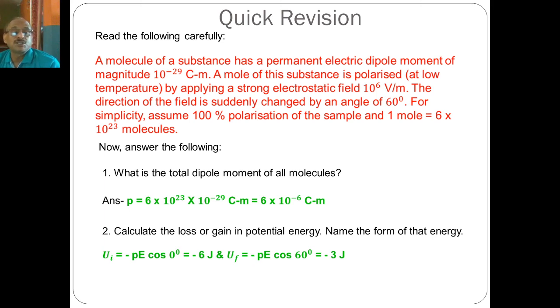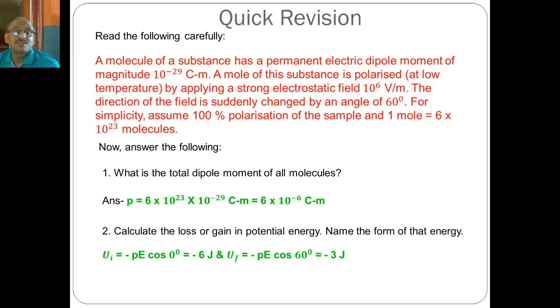Theta initially is 0 degree, and on simplification we get U initial as minus 6 joule. In the paragraph it is given that the direction of the field is suddenly changed by an angle of 60 degree. So final potential energy will be minus P E cos 60 degree, whose value is minus 3 joule.